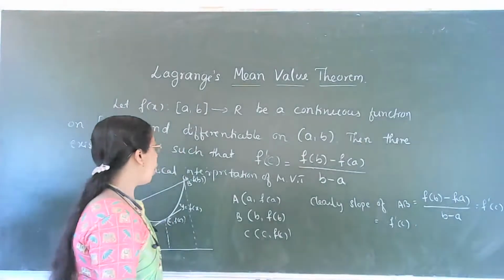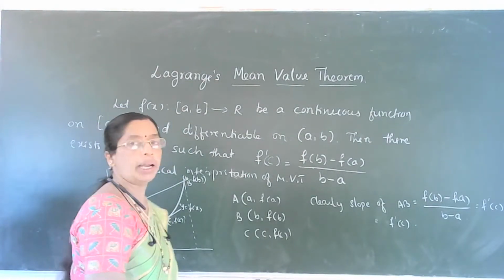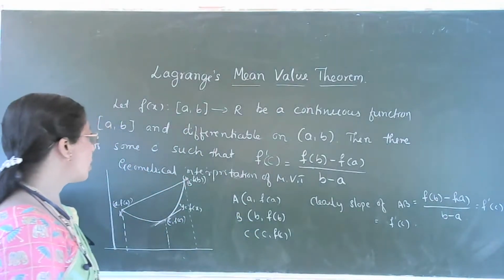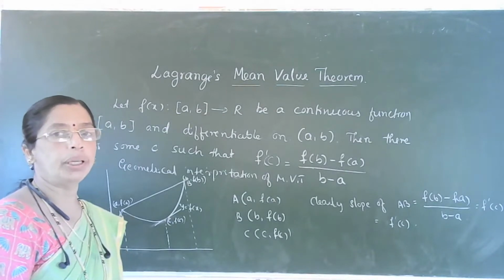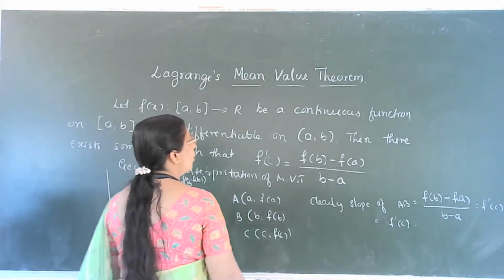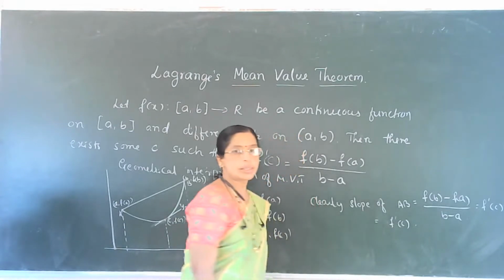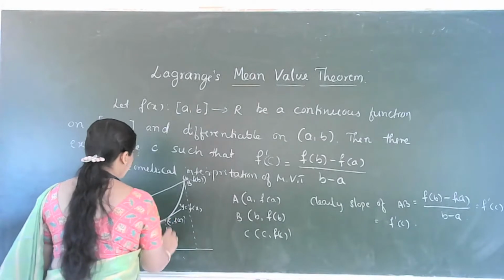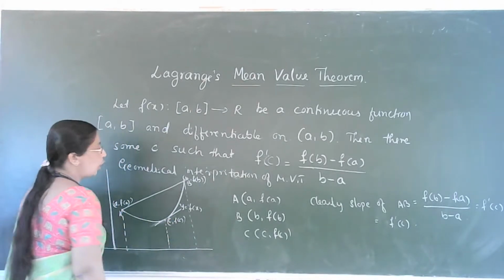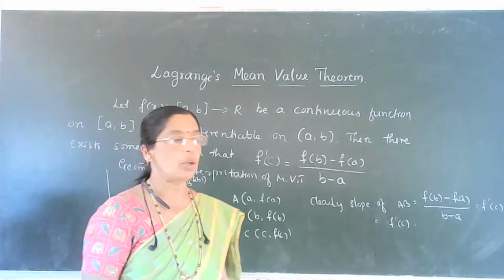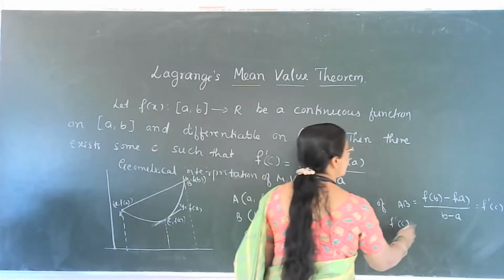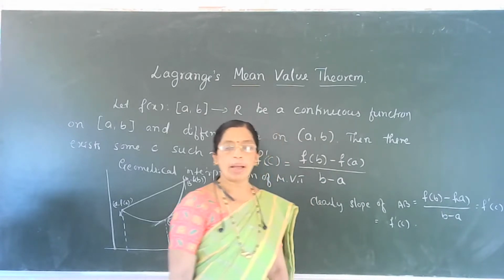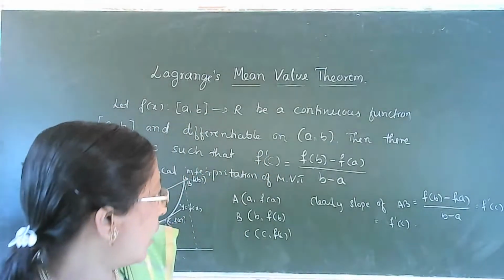If all these conditions are satisfied, then we find f dash c and find the value of c by f dash c equal to f of b minus f of a divided by b minus a.